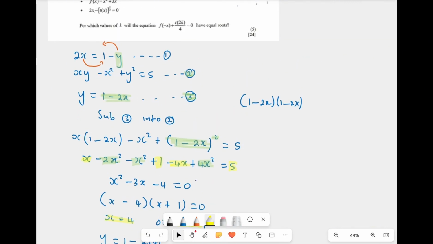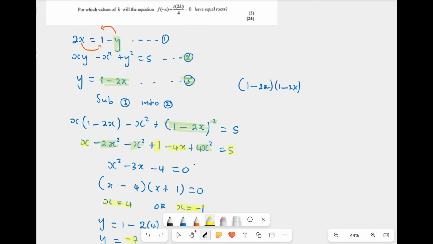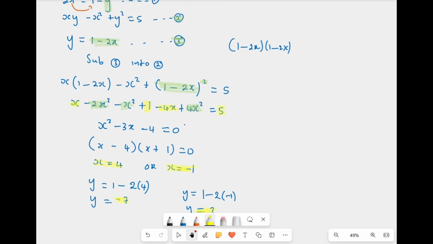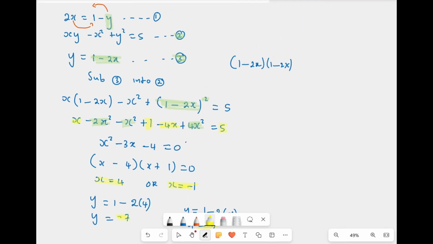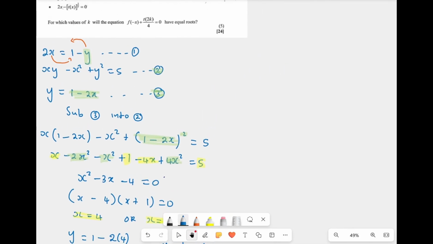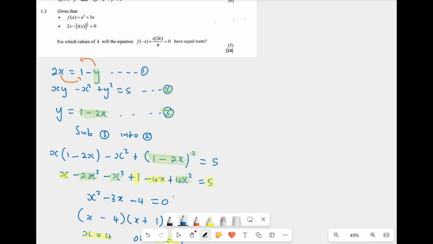Now let's move to 1.3. Let's see what it is that we have and what is required. I'm given 2 equations. The first equation that is given, f of x is equal to x squared plus 3x.